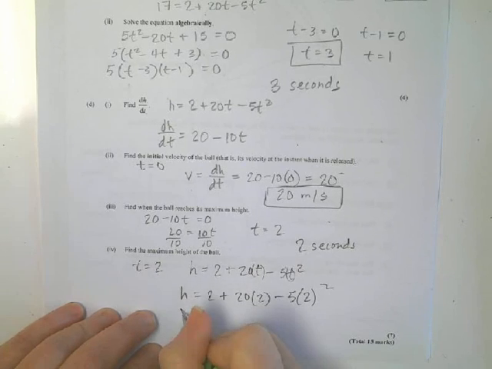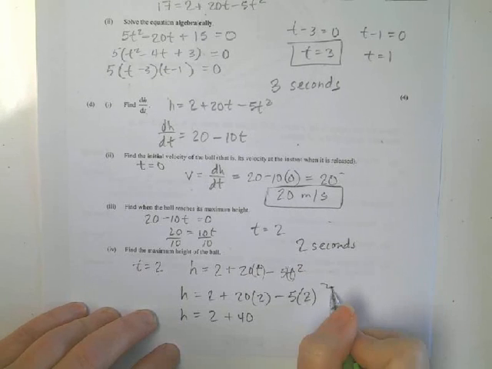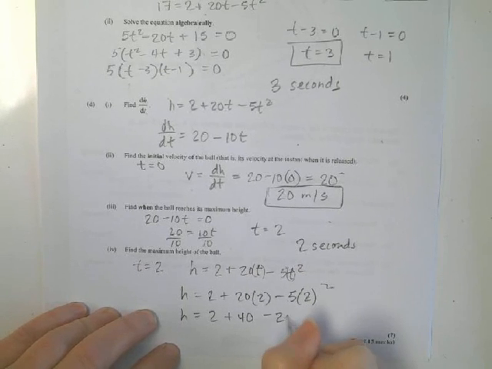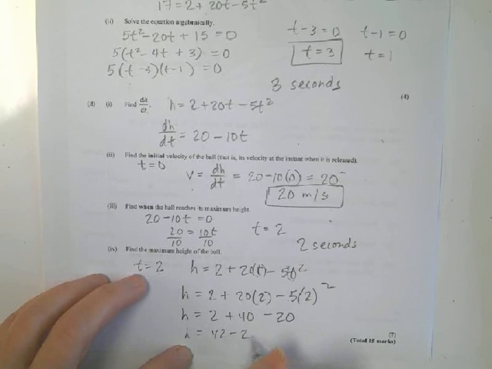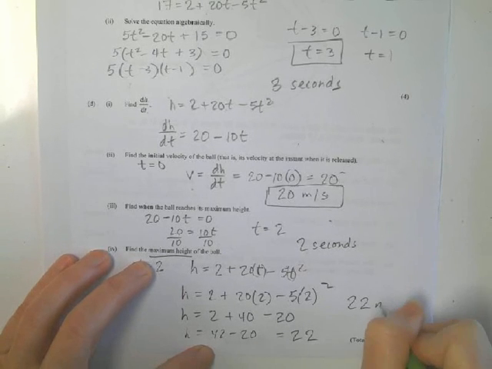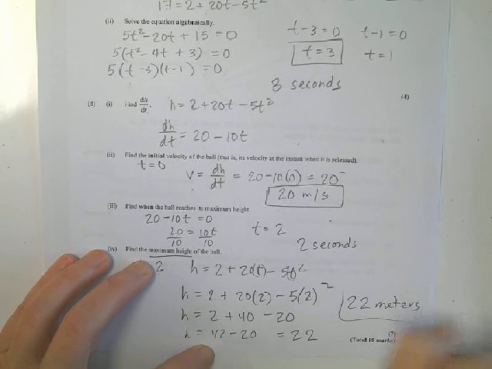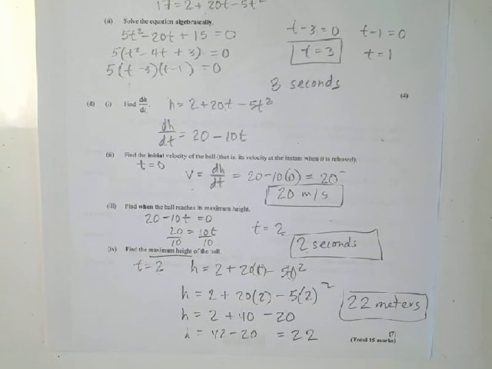So 2 plus 40. 2 squared is 4. 4 times 5 is 20. So I get 42 minus 20 equals 22. So the maximum height of the ball is going to be 22 meters. Okay, and that is problem 15.